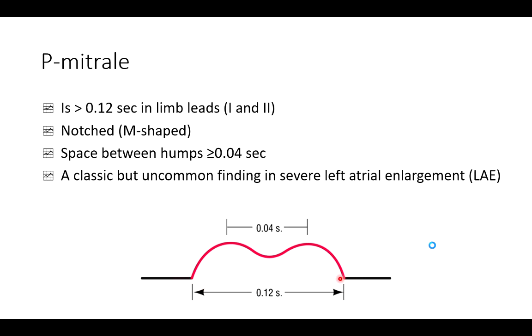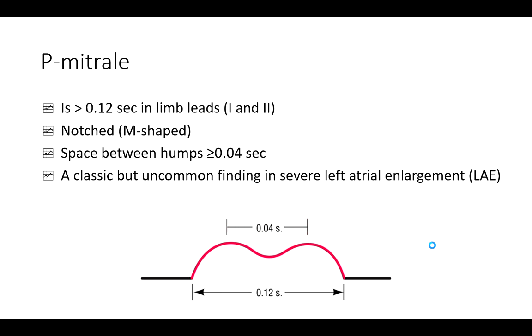That's 3 small boxes, 0.12 seconds, because here's 0.04, 0.04, 0.04. 3 small boxes wide. And then we have this bimodal hump. And the hump, if we measure from the top of this peak to the top of this peak, is 1 box wide.